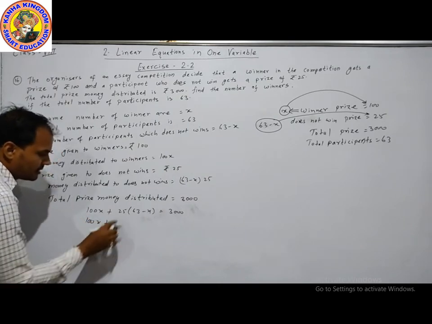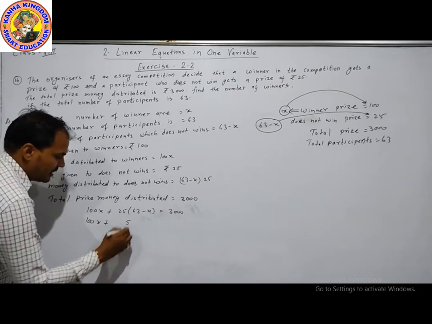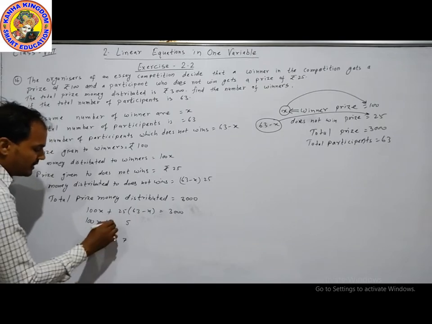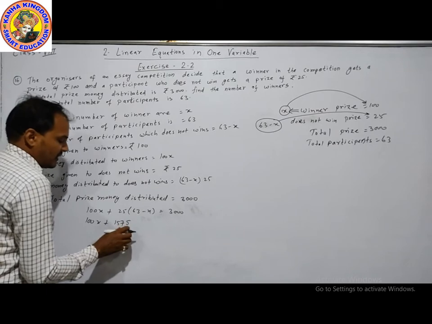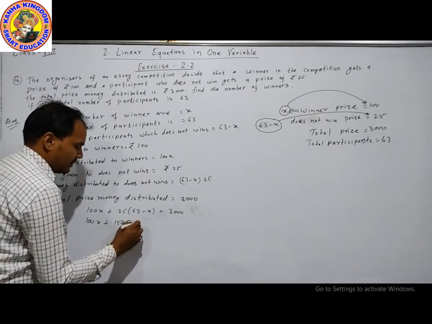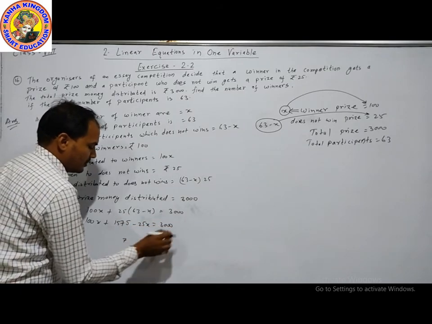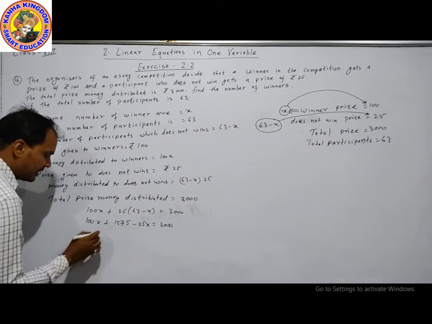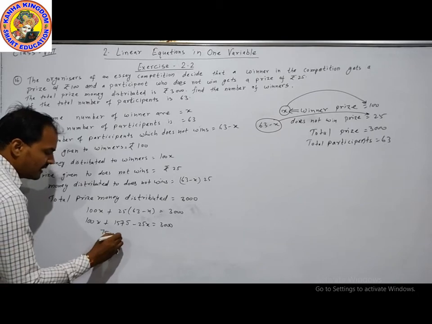100X plus 25 into 63: 25 into 3 is 75, 25 into 6 is 150, then 1575. So 1575, and then minus 25X is equal to 3000. 100X minus 25X is equal to 75X.